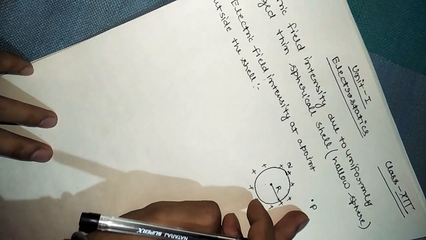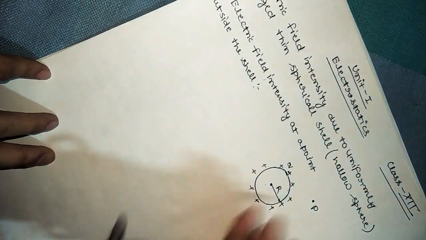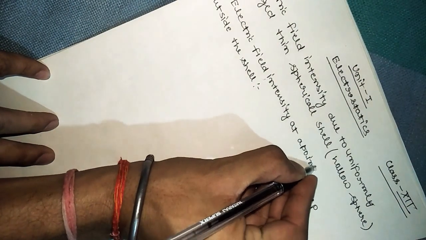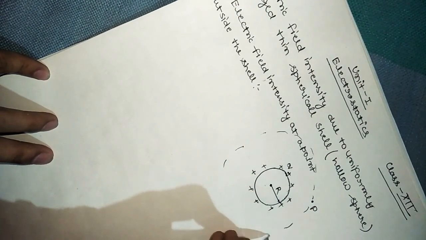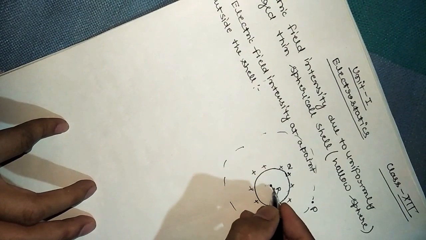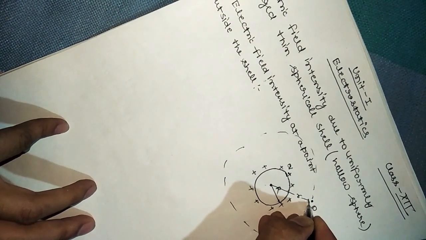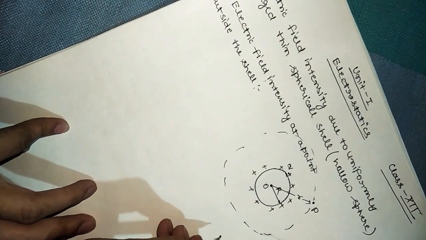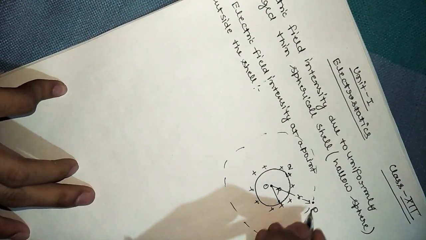We have to find out the electric field intensity at this particular point. So we are making a Gaussian spherical surface. Let this point P be at a small r distance from the center of this hollow sphere.